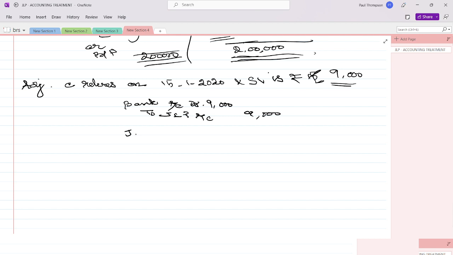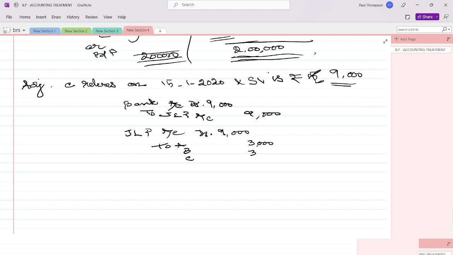Now you are understanding why it is distributed among all the partners. Though C is retiring, or on the death of a particular person, still it is distributed among all the partners. JLP account debit 9,000 to A, B, C, equal partners, so we are going to give them an equal amount of 3,000, 3,000, 3,000.